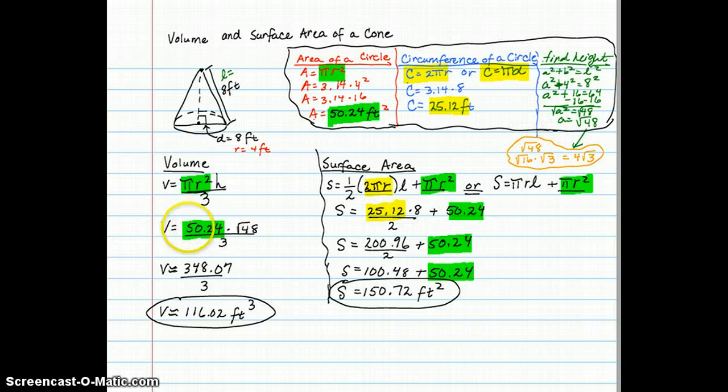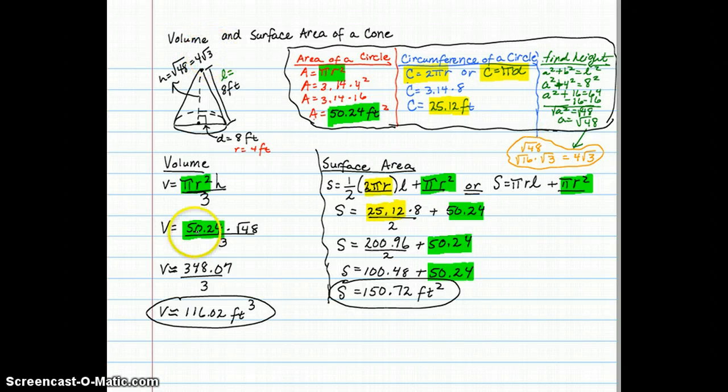So we take 50.24, which is the area of the circle, times the height, which is the square root of 48. Let's go ahead and put that in there. This height equals the square root of 48, which is the same thing as 4 times the square root of 3.